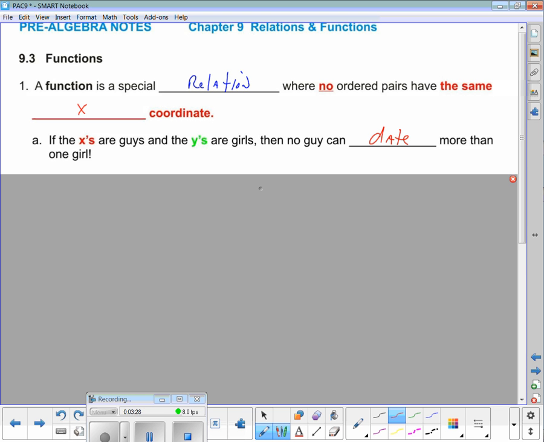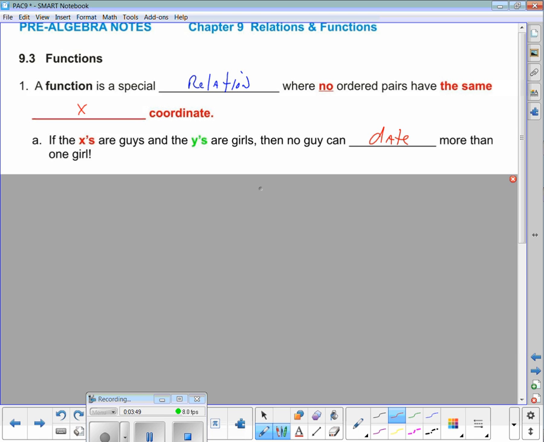No guy can date more than one girl. You might ask, Mr. Scarfy, can a girl date more than one guy and it still be a function? And the answer is yes. Okay, you want me to explain why? All right, here's why in real life. This isn't why in math, but here's why in real life.